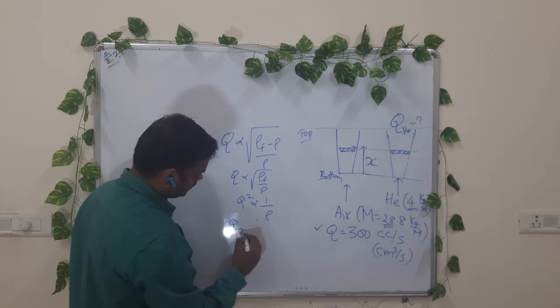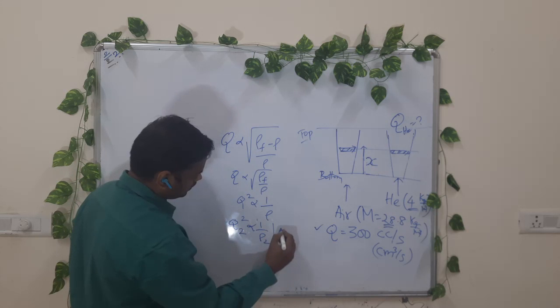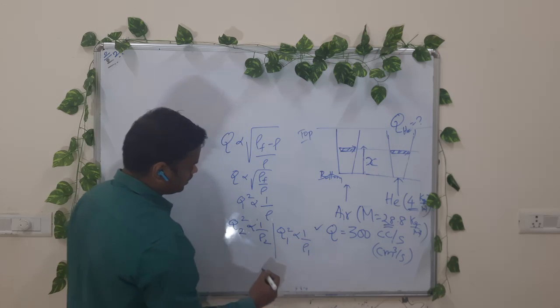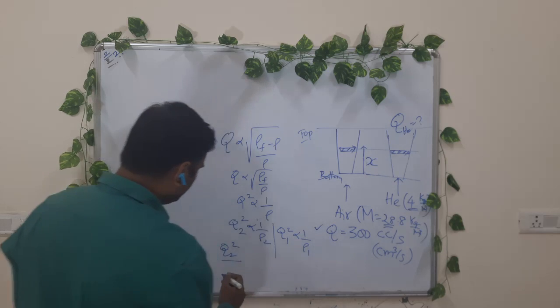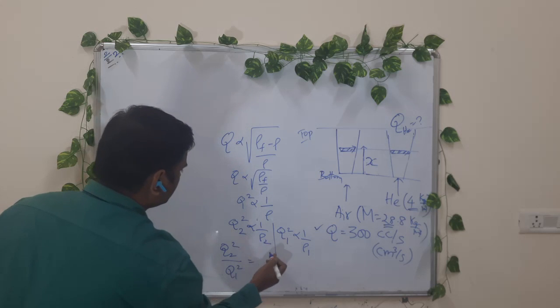We have Q2 square proportional to 1 by ρ2, and Q1 square proportional to 1 by ρ1. So what is Q2 square by Q1 square equal to?